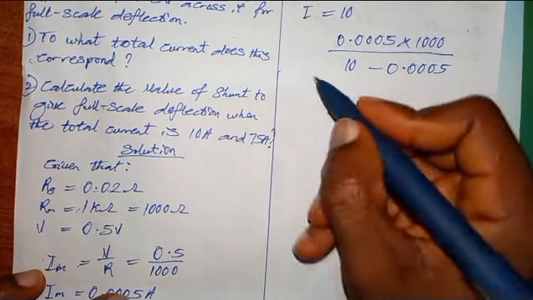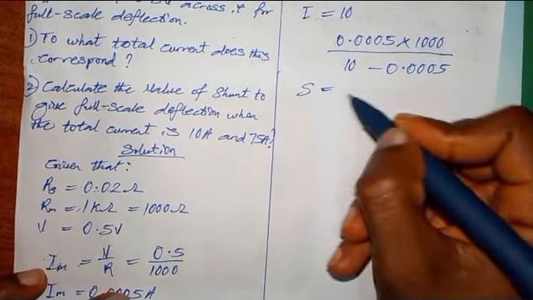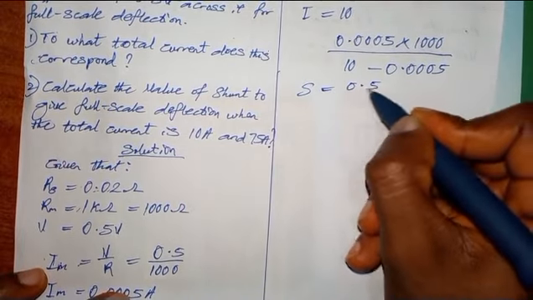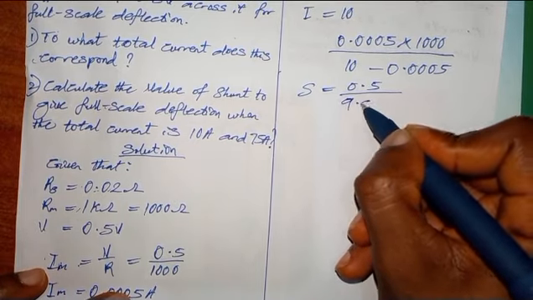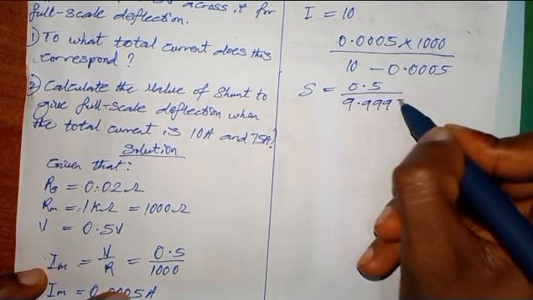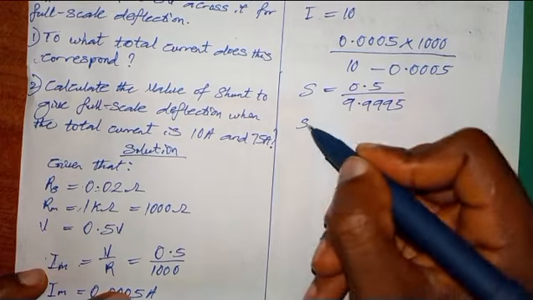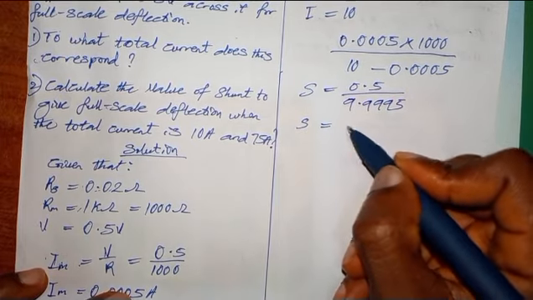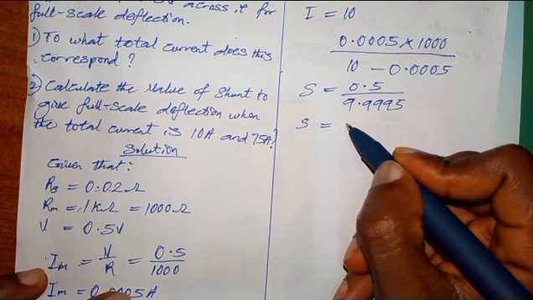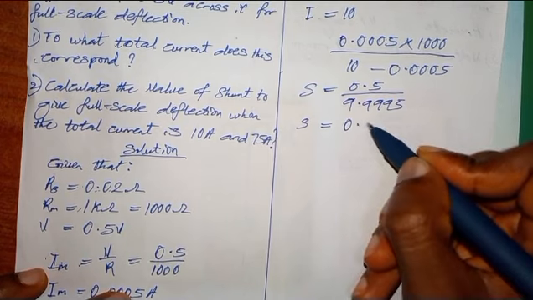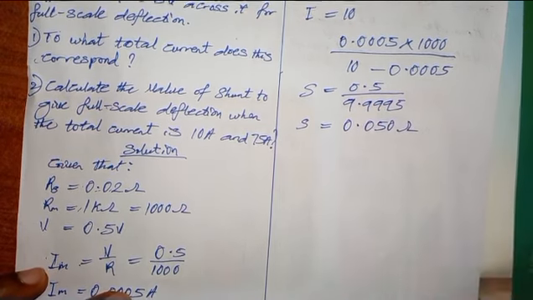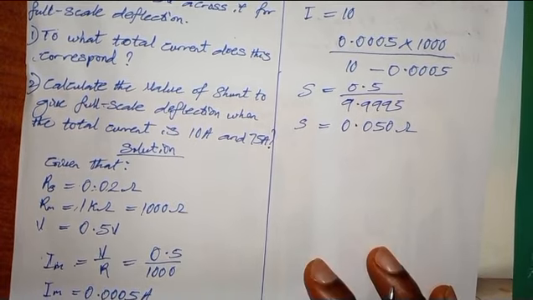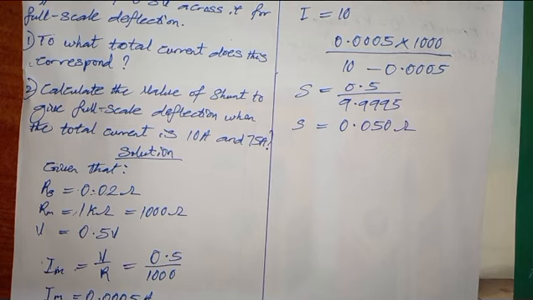The answer here, S, will be equal to 0.5 divided by 9.9995. So S or Rs will be equal to 0.050 ohms. This is how to solve this particular formula in case you come across it in exams or in the test hall. Just know the formula, the others are simple.